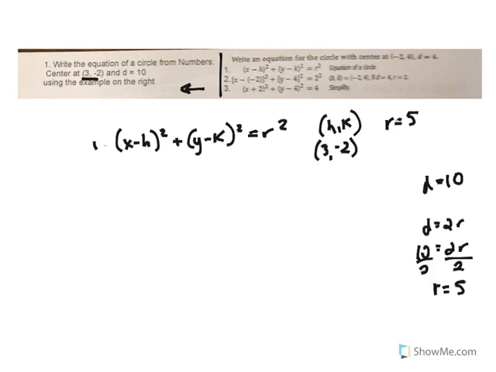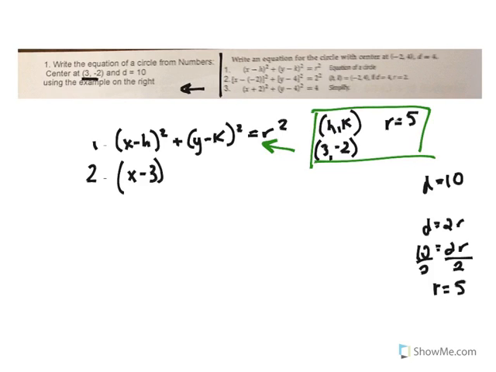Okay, so now we're going to plug in the information from over here into the equation, and we will get x minus 3 squared plus y plus 2 squared equals 5 squared.